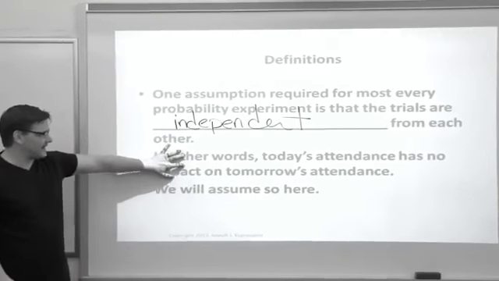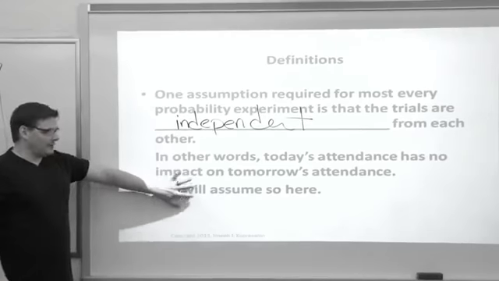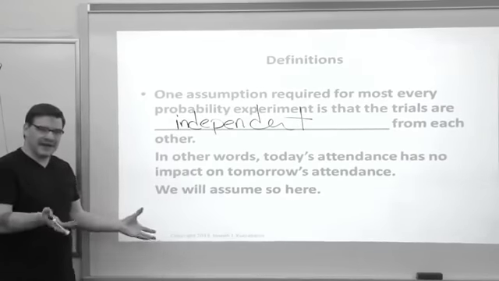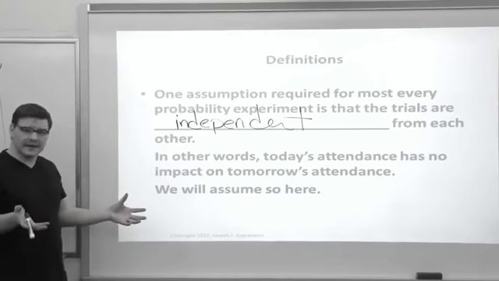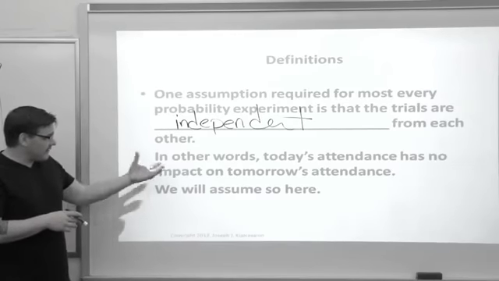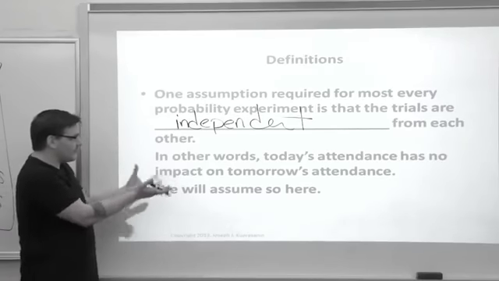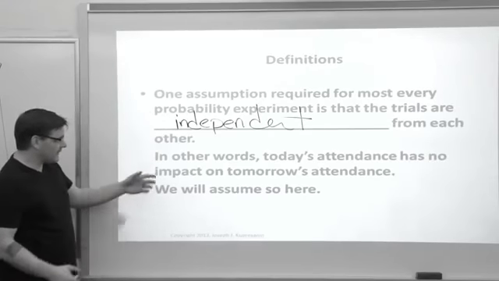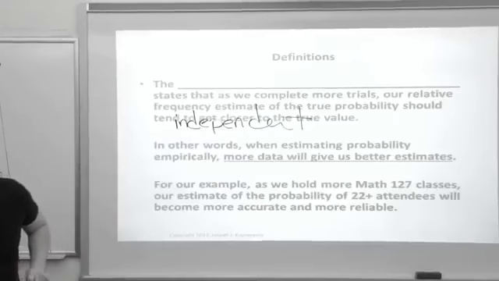In other words, today's attendance has no impact on tomorrow's attendance. We're going to assume so just for this example. Now keep in mind, if a student misses one class, I would be willing to bet that they're more likely to miss the next class. I think things sort of accumulate, and bad habits like skipping class might be contagious, right? But for this example, we will presume that today's attendance has no impact on tomorrow's or the next classes. So we need independence of those trials.